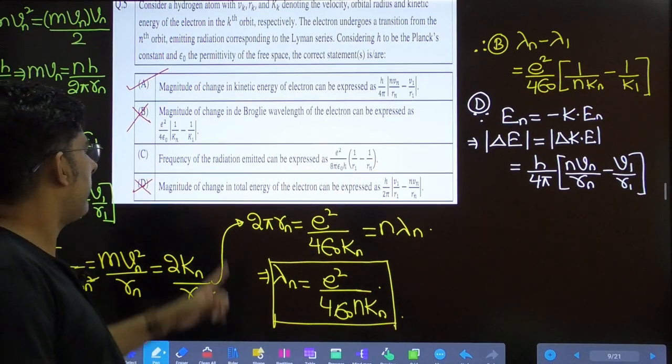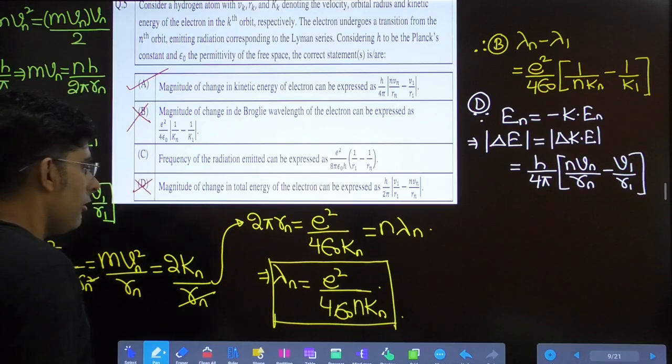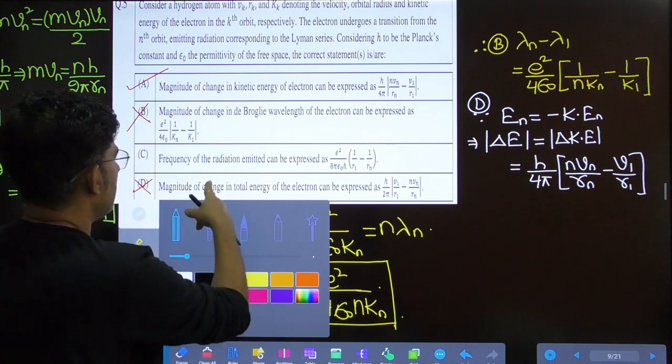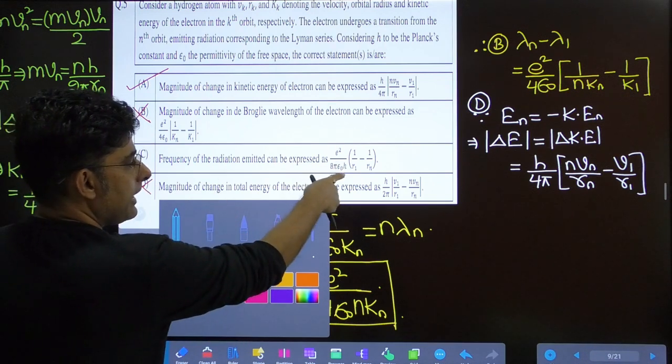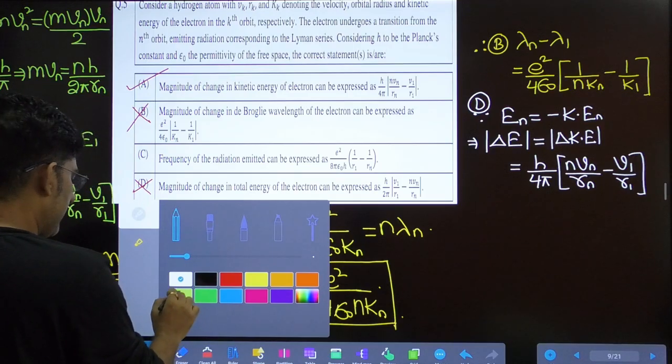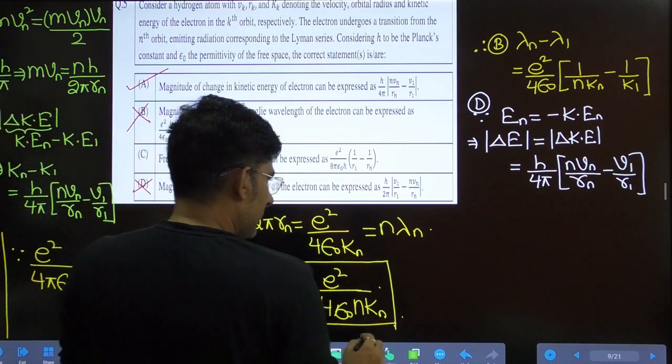Now remains frequency of the radiation emitted. For frequency of the radiation, what we can use, you can see the expression of frequency given, e square h R1 Rn, and these values are given. Okay. So for frequency we have an important concept.